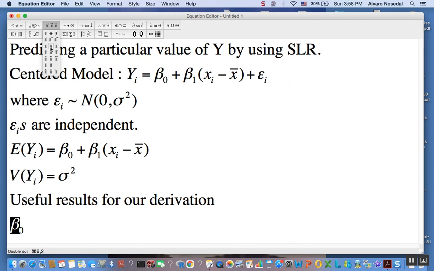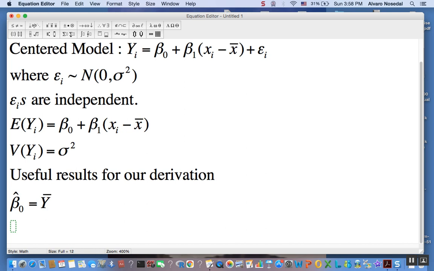Since it's an estimator, we're going to be using that hat notation. In this case, the estimator will be y bar if you have the centered model. That's why I wanted to start there, because if you had the classical model, this estimator will be different.